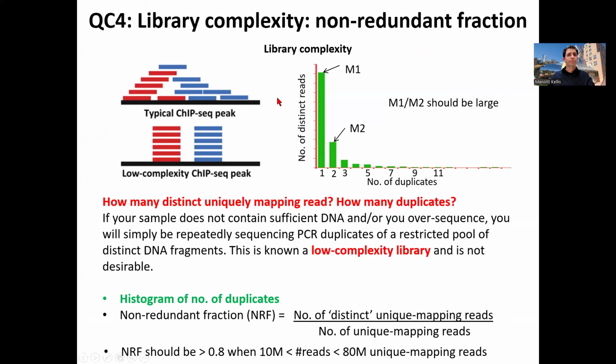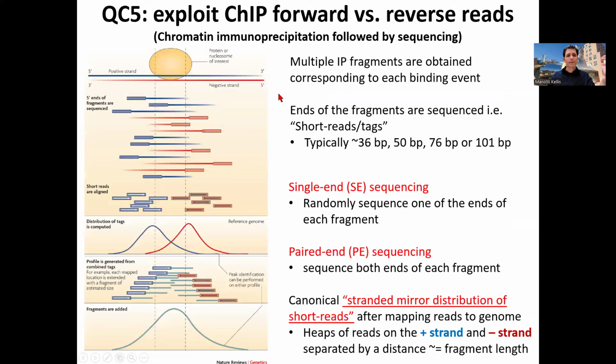Everybody with me here? Another one is the fact that every time I pull down a regulator or a histone modification mark, I'm going to have some breaking up of the genome. I'm going to pull down all of the reads that were attached to that segment that I pulled down, and I'm going to sequence the endpoints of those fragments, because I only sequence from the beginning of a DNA fragment.